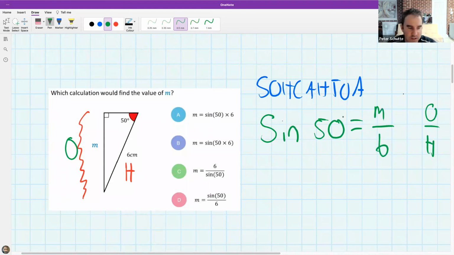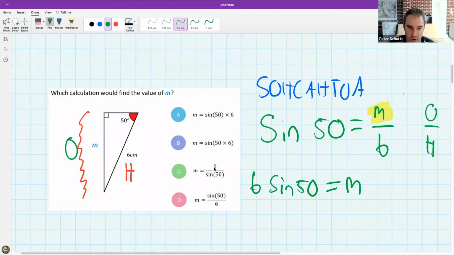Now, in all these questions, I have an M all by itself, so I need to get the M by itself. The way I'm going to do that is by getting the 6 to come to the other side. So you should get an answer of 6 times the sine of 50 equals M.